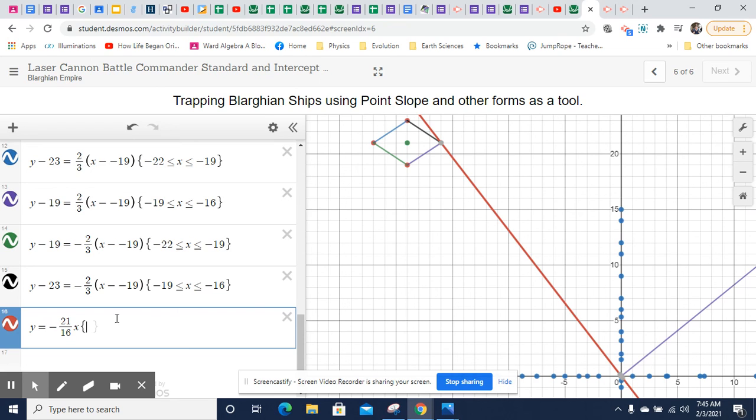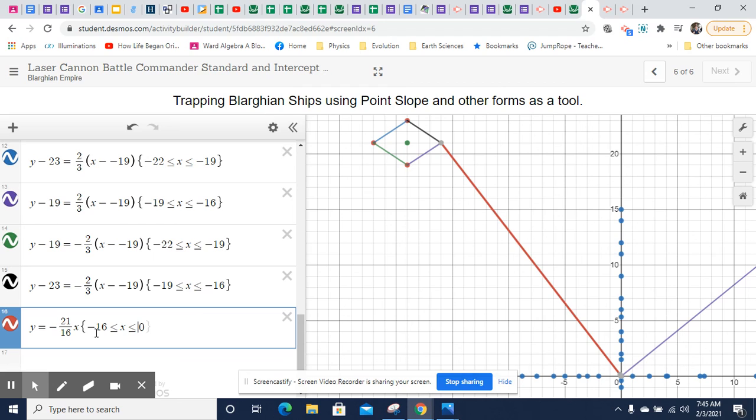And I can either go from 0 to 21 or negative 16 to 21. Depends on whether I'm dealing with x or y. So if I use x, I'm going to go from negative 16 is less than or equal to x is less than or equal to 0.